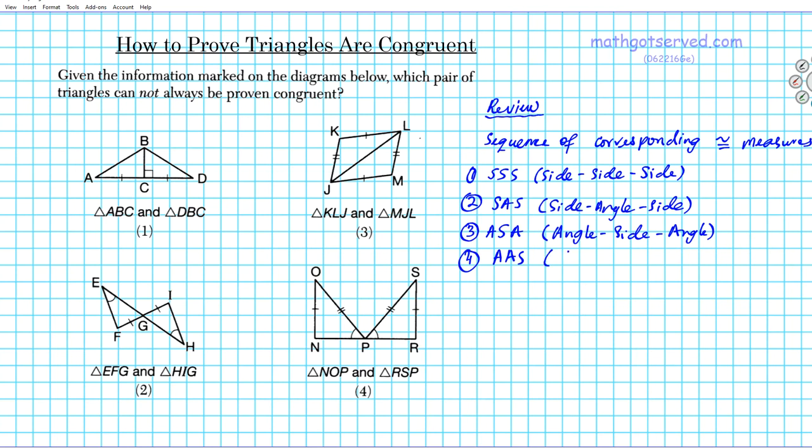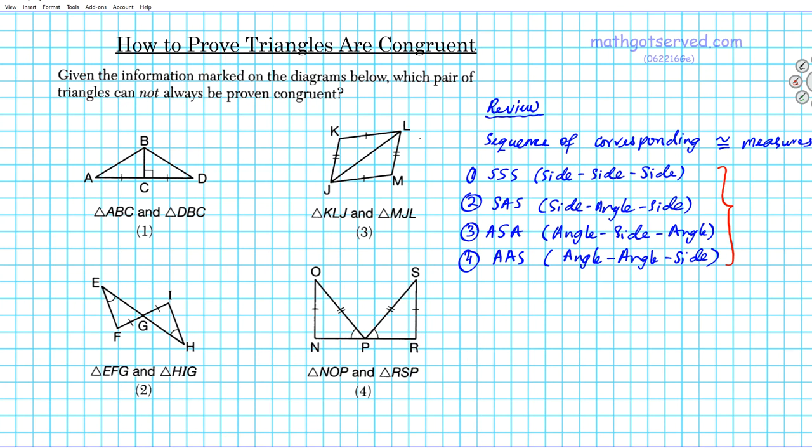That's what AAS means. So these four are the approved ways that you can determine that two triangles are congruent. There's a special case for SAS, which is known as HL, but if you know what SAS is, that's sufficient.